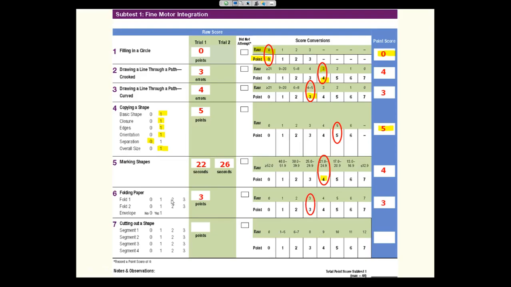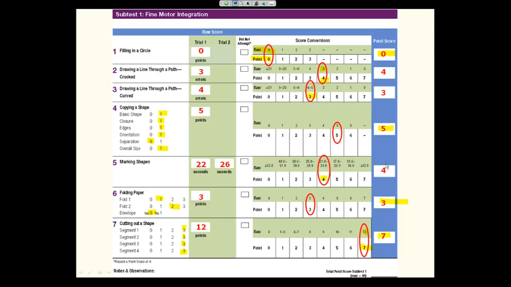She was able to get 1 and then 2, and then no on the envelope. So that corresponds to a point score of 3. And then cutting out a shape, she was able to cut out a shape actually pretty well, achieving point scores of 3 on each of the segments. So that corresponds to a raw score of 12 and points of 7.